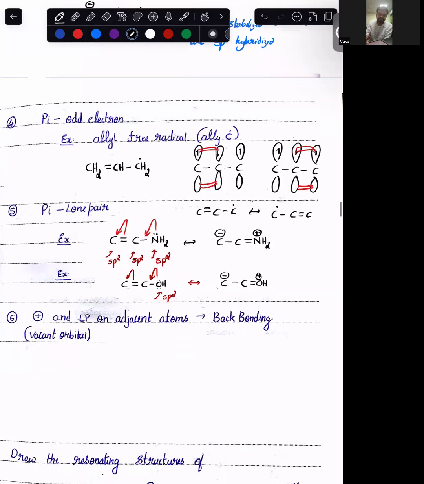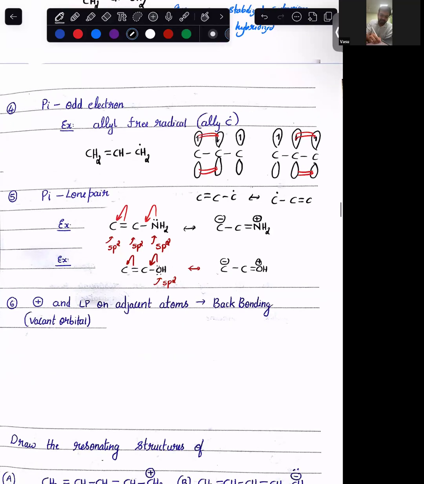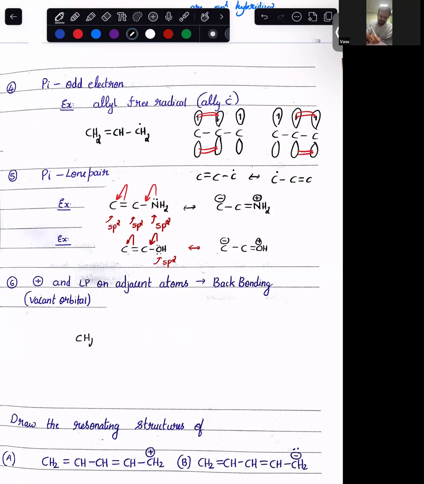The last system, lone pair and positive charge on adjacent atoms, which is a case of back bonding. It is similar to back bonding only. Suppose you have this, you have lone pair and positive charge on adjacent atoms. You have this carbon as sp2, which is octet incomplete. This has a lone pair of electrons.